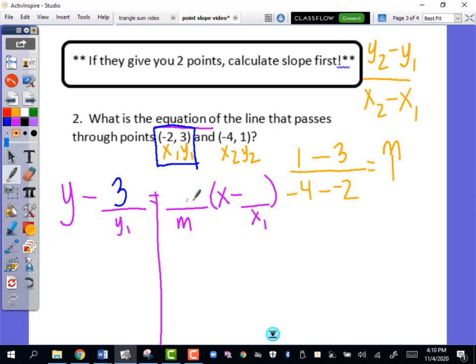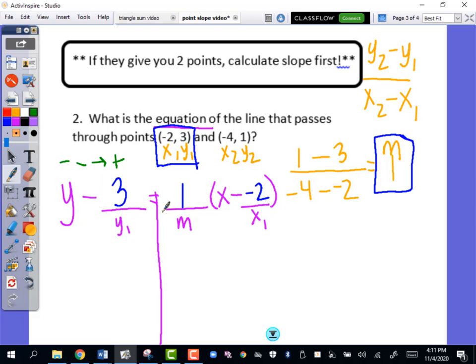My m, my slope, is what I just found out over here. That's what I had to figure out first, is 1. And then my x1 was -2. And I gotta solve for y, because, you know, we like things in slope intercept. So I need to go through and change any double negatives into a plus sign. So I look here, do I need to change this?